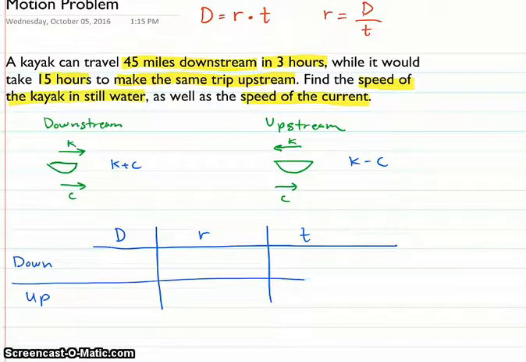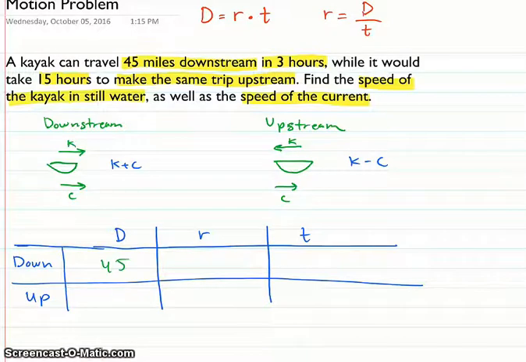Going downstream, the distance is the same for going upstream and downstream, so 45 and 45. The rate for going downstream was K plus C, and the rate for going upstream was K minus C. The time it took going downstream was 3 hours. The time for upstream was 15 hours.